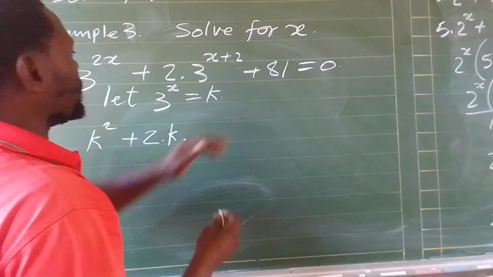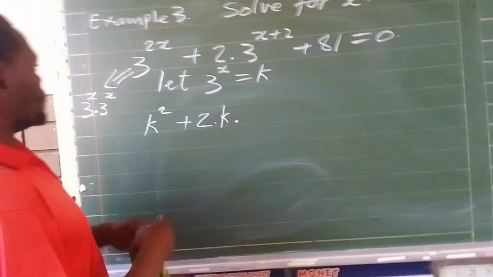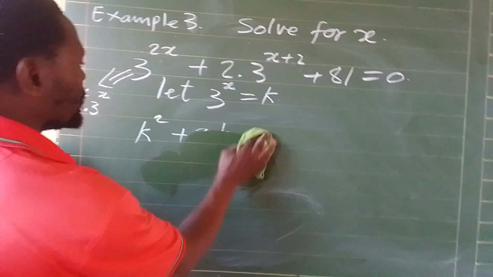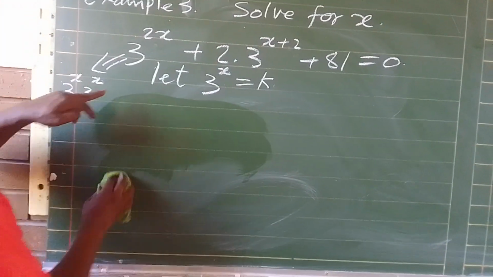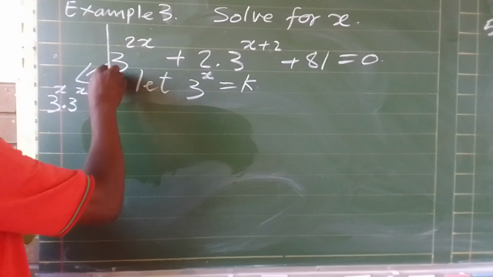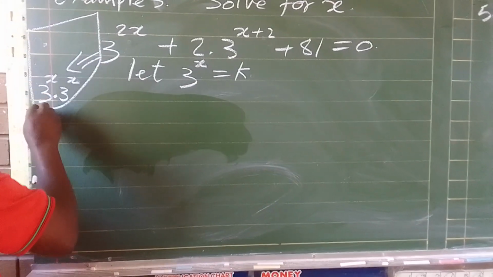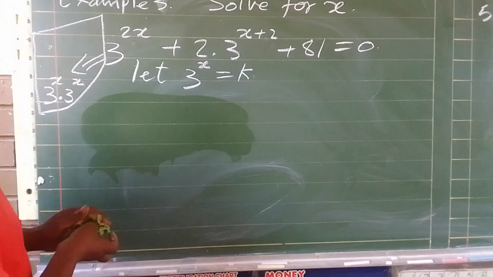It's 2 to the power 2. Rather, let's go step by step. You must not get confused. Remember, this is that. I'll just put a small box here. Don't forget that this is that.